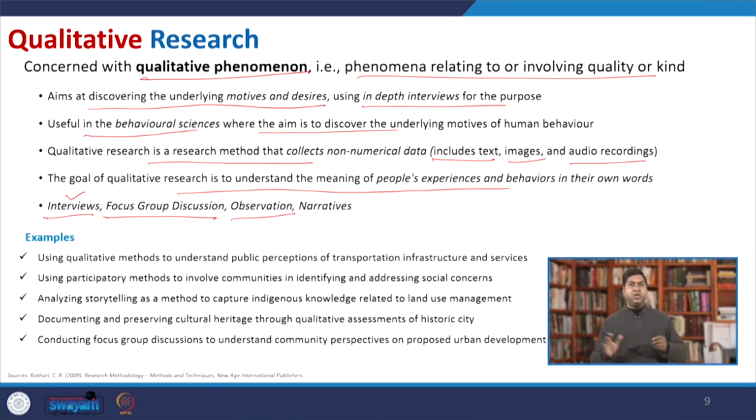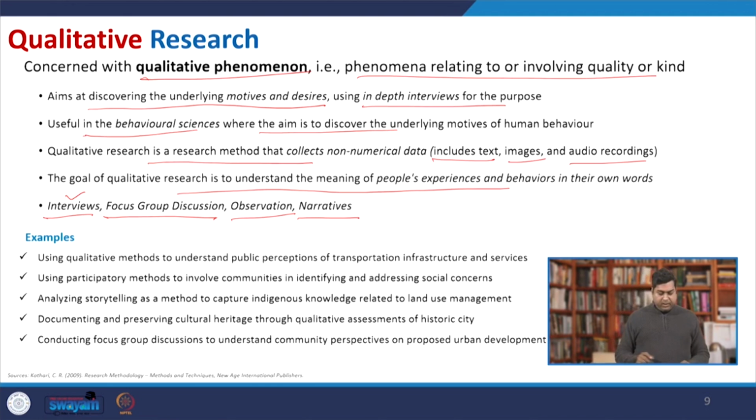You can do photographic research, where you capture some images in a sequence in a purposeful manner which will portray the problem, and then you analyze it and give the solution. It can also be narratives. Especially in some cases, like if you want to study values, cultural value, aesthetics, this kind of research is very pertinent.